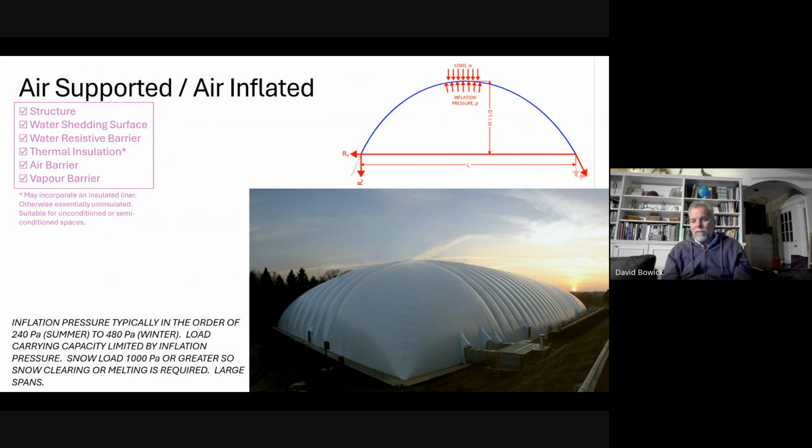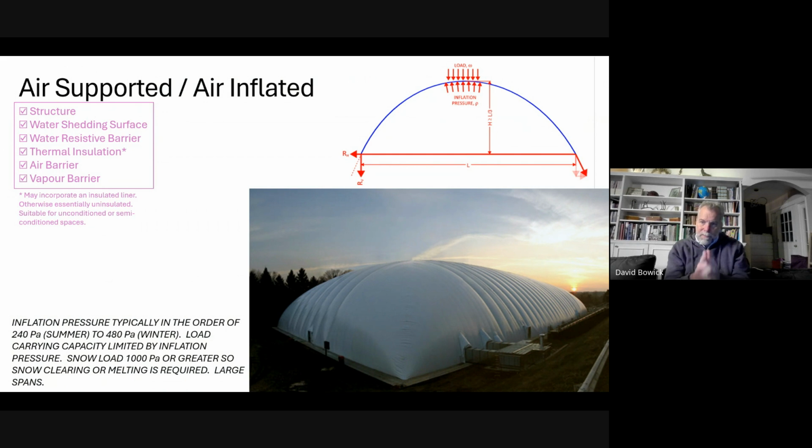The reason we increase it in the winter is that we have the potential for snow load, and we can only carry as much snow as the inflation pressure. We can't carry more than that. So you can see we've got an inflation pressure of 480 pascal, or 0.48 kPa.